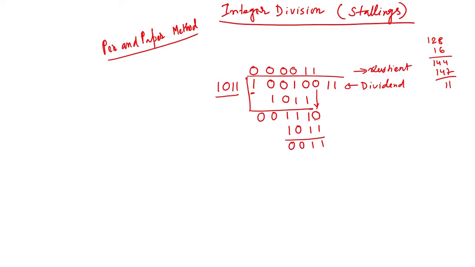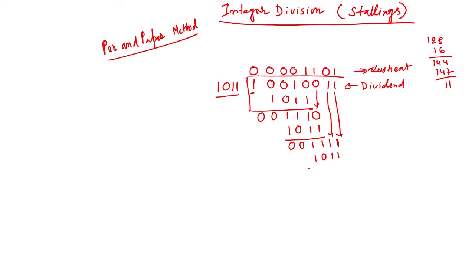This is 14, that is 11 plus 3. Then the next bit will come down here. This is smaller than the divisor, so this should be 0 here. Then again the next bit comes down and now you divide it, here 1 0 1 1, so this should be 1.